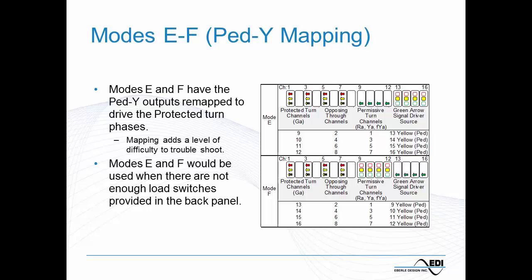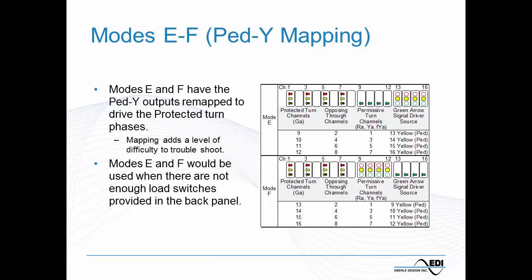The monitor will see load switch number 9 yellow turn on, and we are going to display and monitor it as channel 13 green. So there's basically I/O mapping in the controller to drive the load switch inputs, and there's I/O mapping, if you will, built into the monitor to break that protected green signal onto a separate channel.